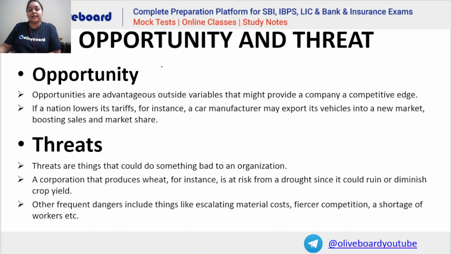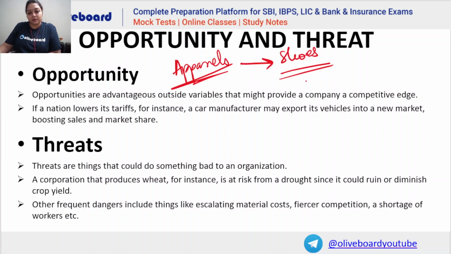So let us say a company is producing apparels, that is textiles, and it is going very well. People love its apparels, and suddenly there is a shoe company which wants to sell its company, right? It wants to sell because they are not able to handle that company. Now this apparel company has enough money to buy this, and obviously, we know apparels and shoes go together.